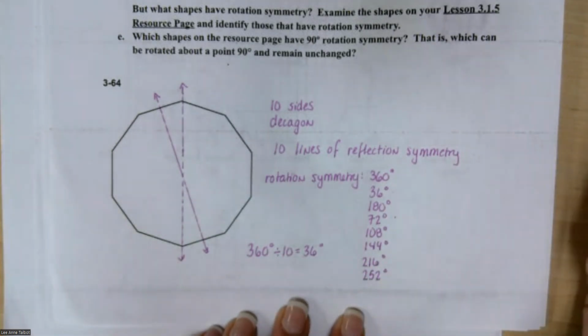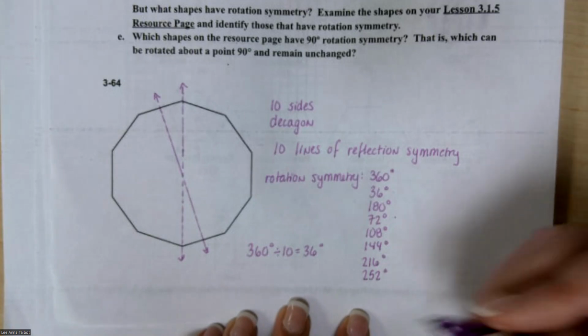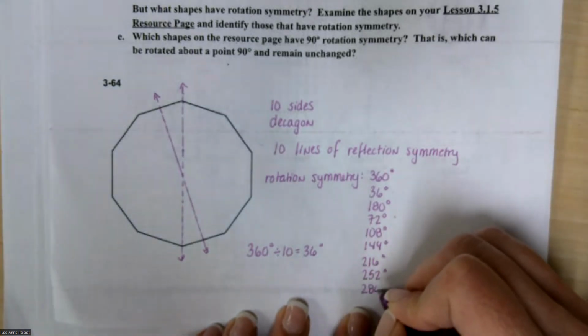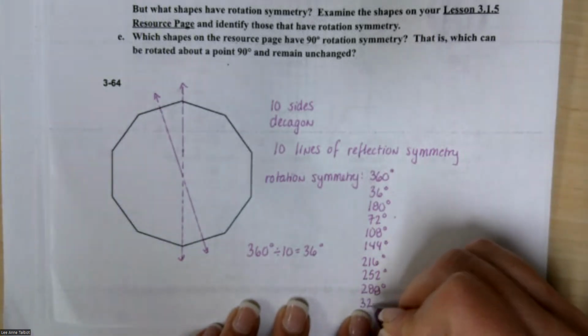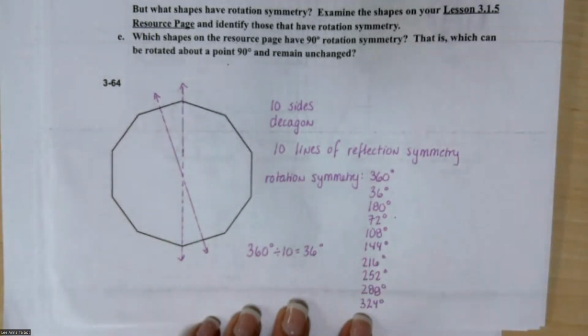You would tell me if I'm completely messing this up, wouldn't you? Plus 36 is 288, plus 36 is 324, and then plus 36 is 360.